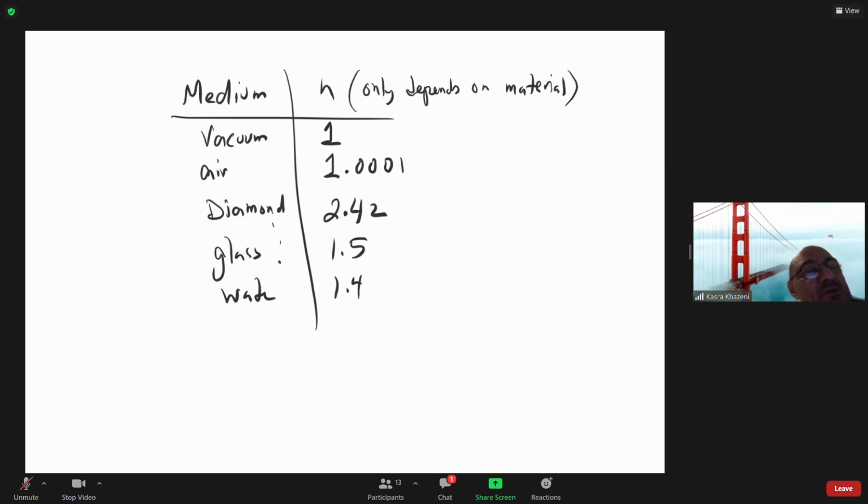When they give you a problem, they usually don't tell you what the index is, even though I will. Maybe they say light is going from air into diamond, then you have to dig out the diamond's index of refraction to solve the problem. Usually in the problems they tell you these things. Sometimes they don't, but then if you go through the book, you see a chart that gives you all the information. All right, so let's do one quick example.